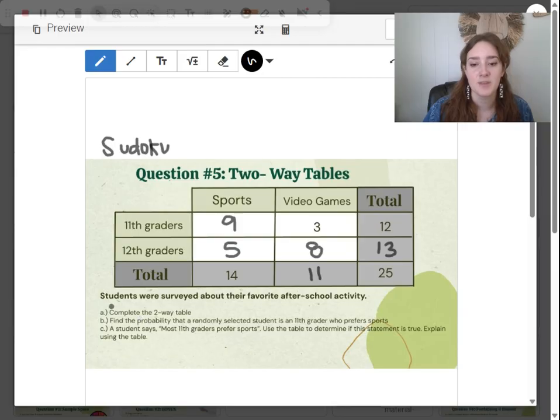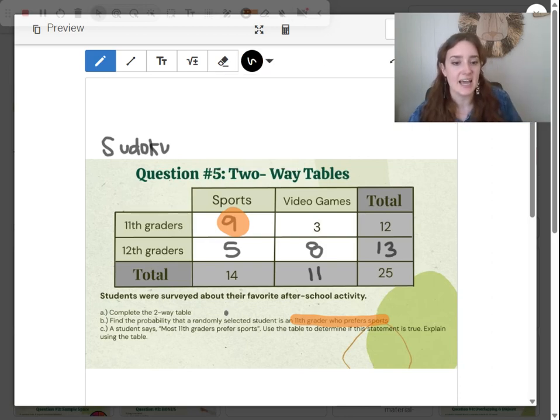Okay. Anywho. Part B, find the probability that a randomly selected student is an 11th grader who prefers sports. So we are talking about a joint frequency. 11th grader who prefers sports. There are 9 students in 11th grade that prefer sports, out of 25.